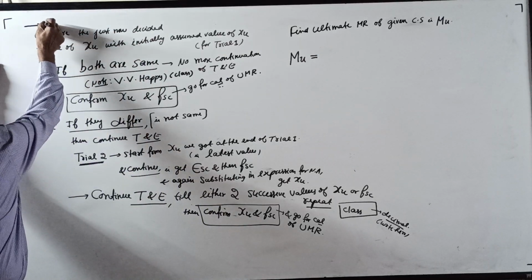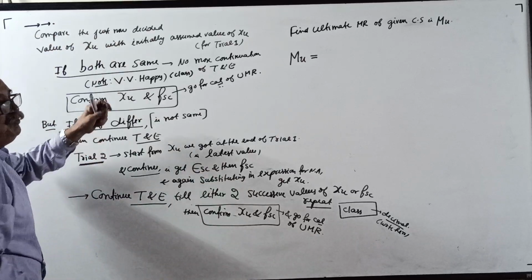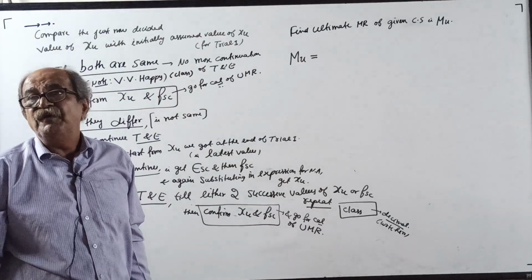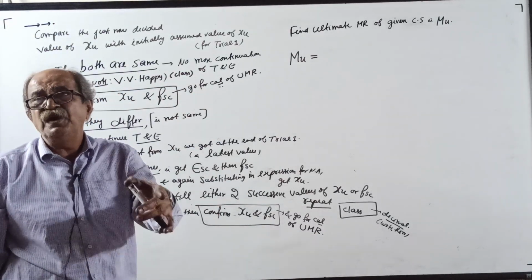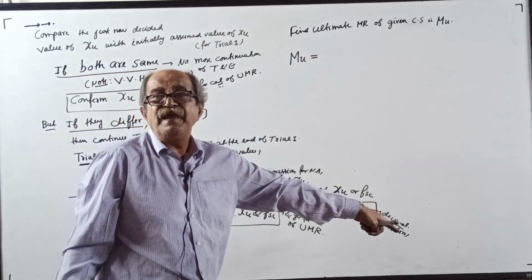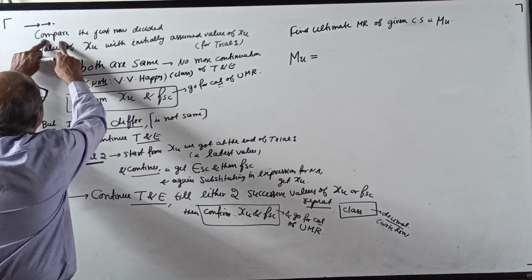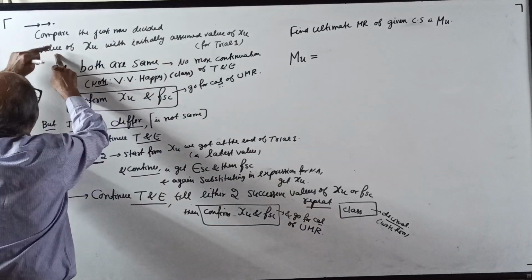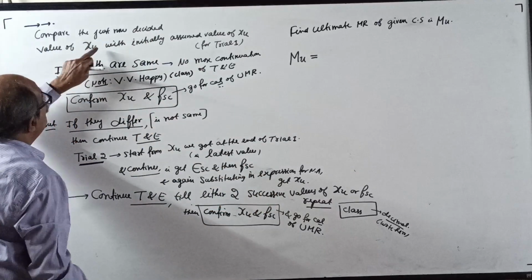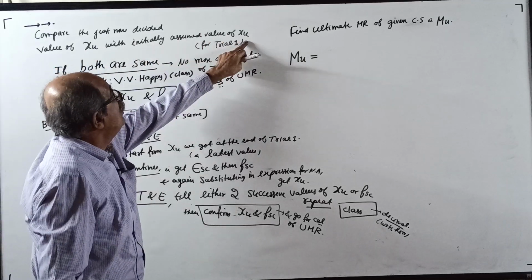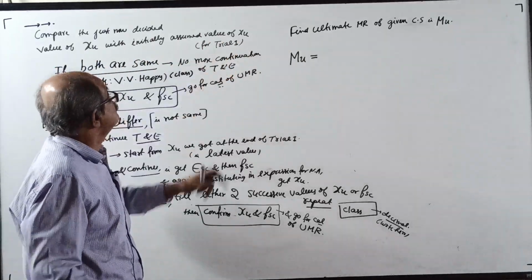I will continue now. So, we initially assumed xu equal to xu max. Just now at the end of trial one, we got one xu. Now, compare the just now decided value of xu at the end of that trial with the initially assumed value of xu for trial one.